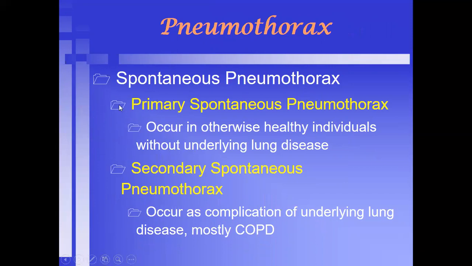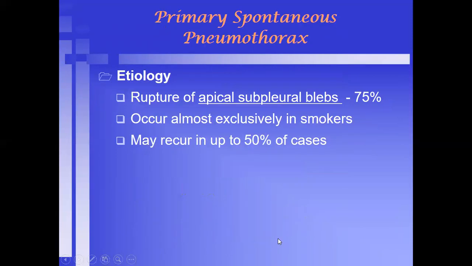So your primary spontaneous pneumothorax can occur in otherwise healthy individuals. So they don't have any underlying lung disease. While your secondary spontaneous pneumothorax occurs as a complication of an underlying lung problem, mostly seen in your COPD patients. Okay?